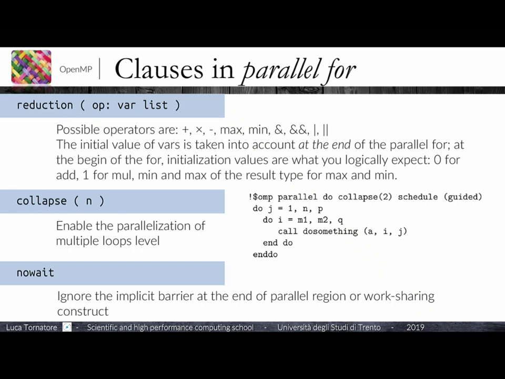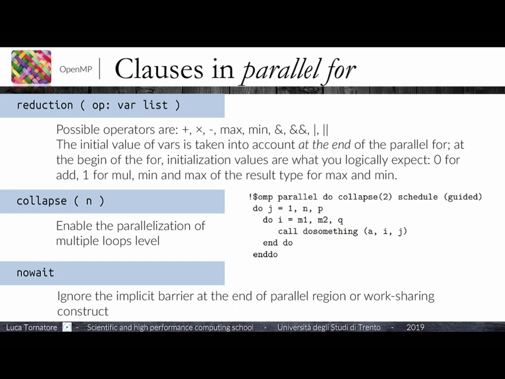So actually, this is a parallel construct with an implicit barrier at the end. But depending on what the code is doing, it may be much more efficient that a thread doesn't wait for all the threads here, but just continues, because you are inside the parallel region, performing some job, and then enters again in a for, and so on. You can achieve this with a nowait.